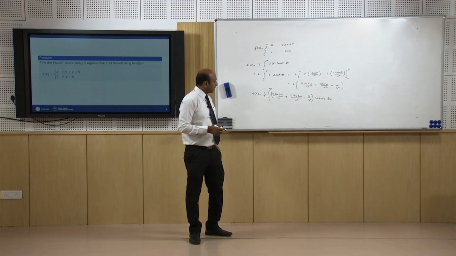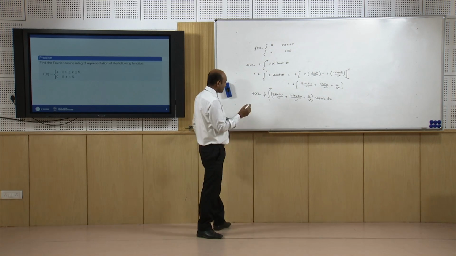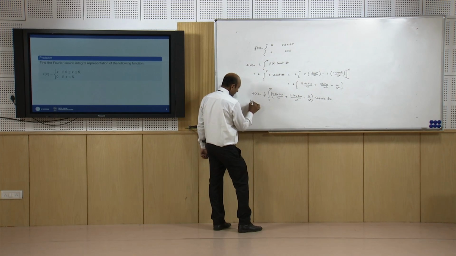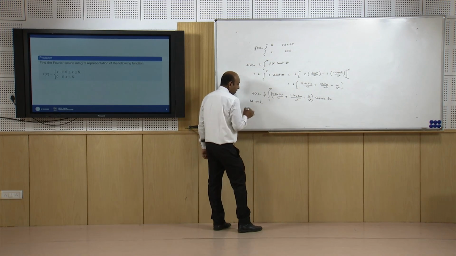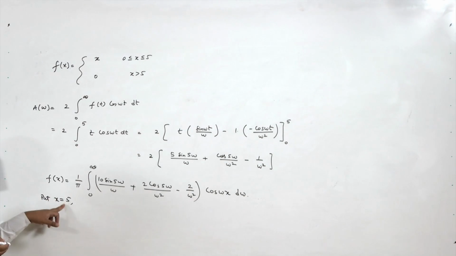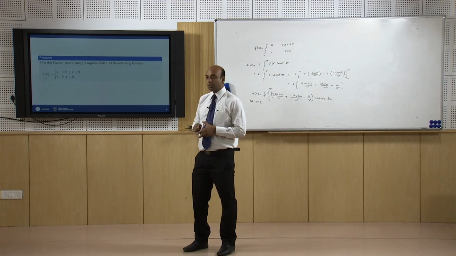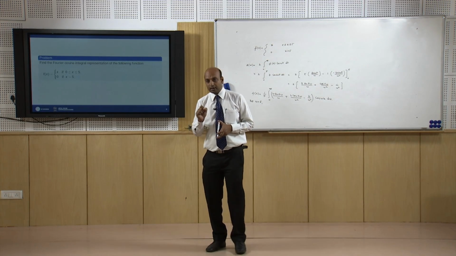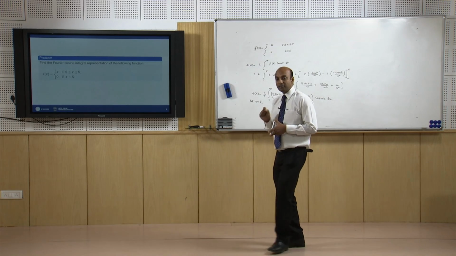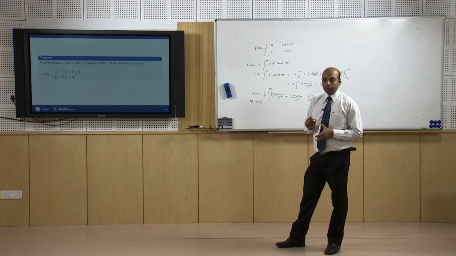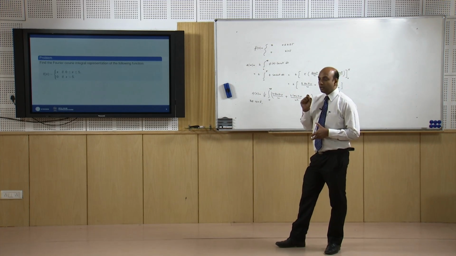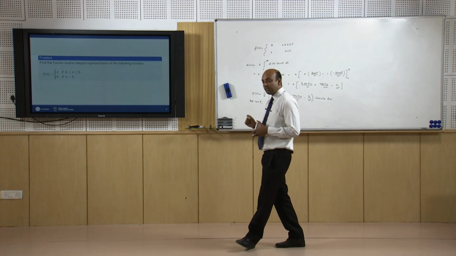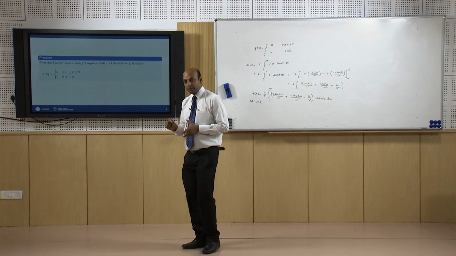Now, suppose you put x equal to 5. So, what will be f(5)? Since the function is discontinuous at x equal to 5, the value at x equal to 5 converges to the mean, or the average, of the left hand limit and right hand limit at x equal to 5.